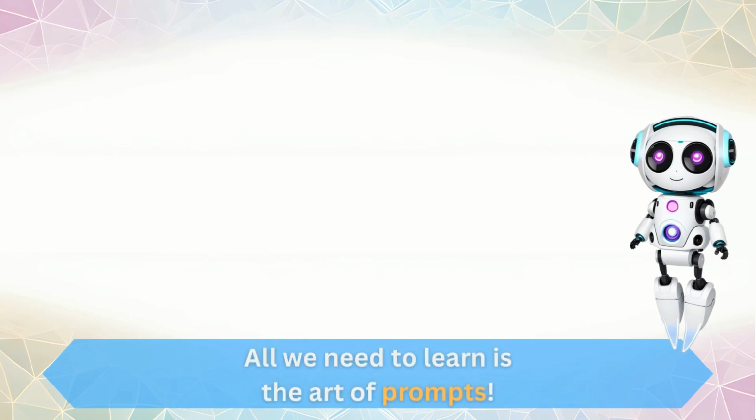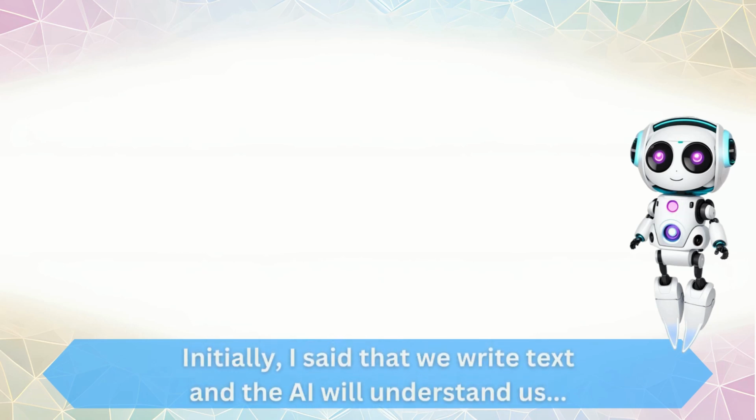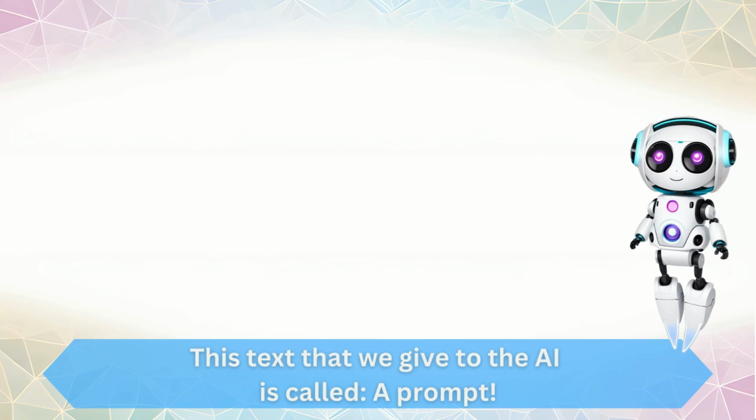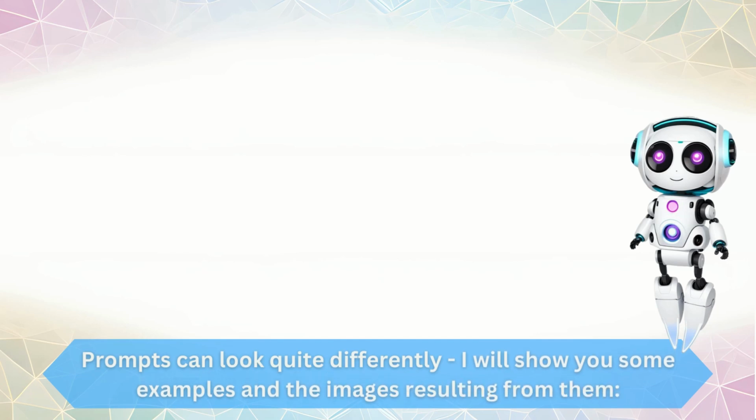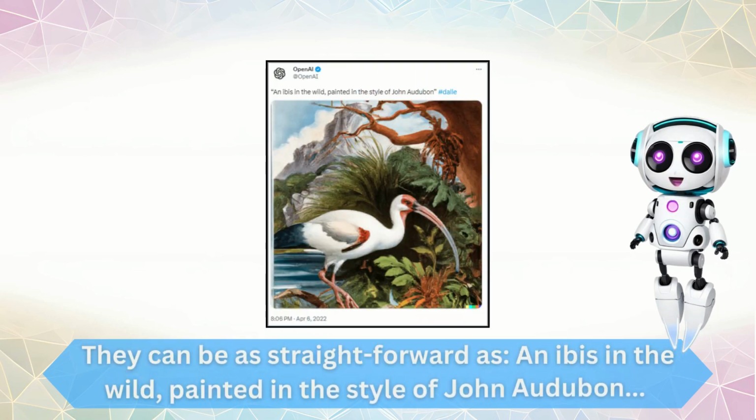All we need to learn is the art of prompts. Initially, I said we will write text and the AI will understand us. This text that we will give to the AI is called a prompt. Prompts can look really different. I will show you some examples and the images resulting from them. It can be as straightforward as an ibis in the wild painted in the style of Jean Audubon.